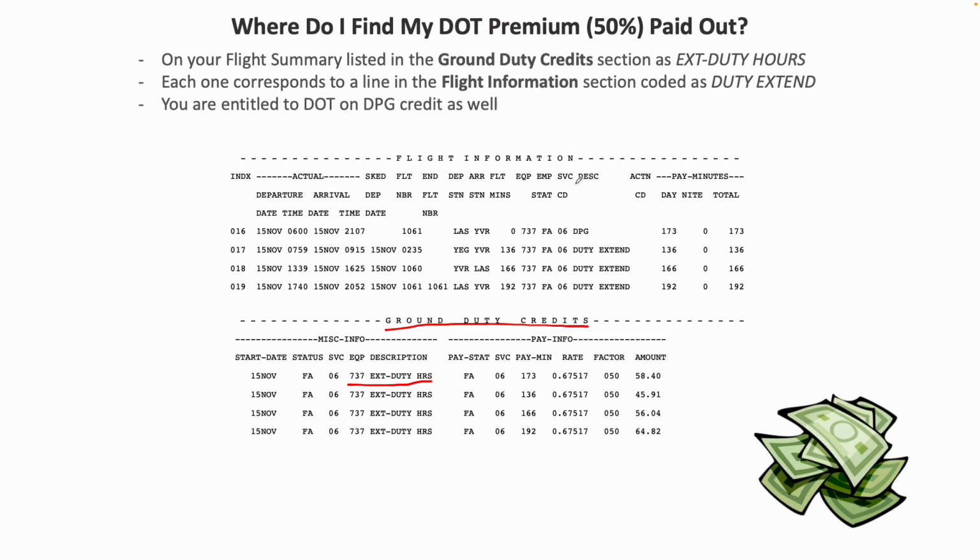Notice that in the description column in the flight information section, there is duty extend on most of these, but just the word DPG on one of the line entries. You are still entitled to DOT on DPG credit, and you can see that you were in fact paid for DPG with that 50% premium as well. All four of them can be found in this example.